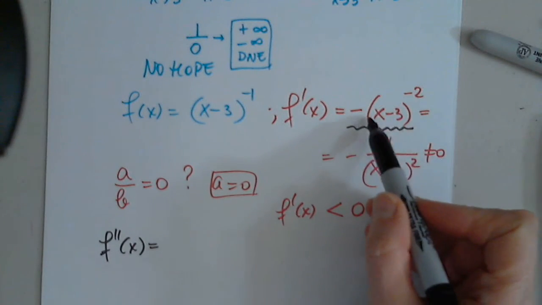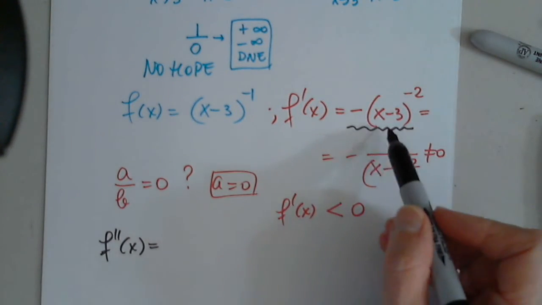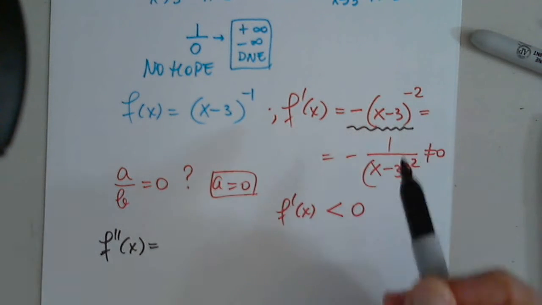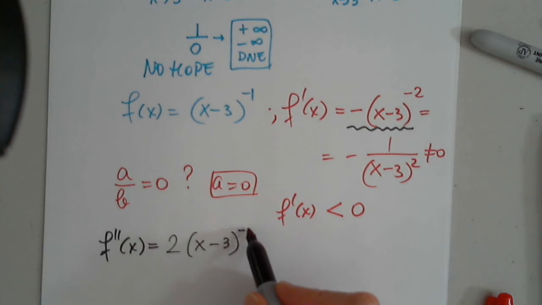We're differentiating this for the second derivative. Would it be, hold on just a second. 2, and then in parentheses, x minus 3 to the negative third.